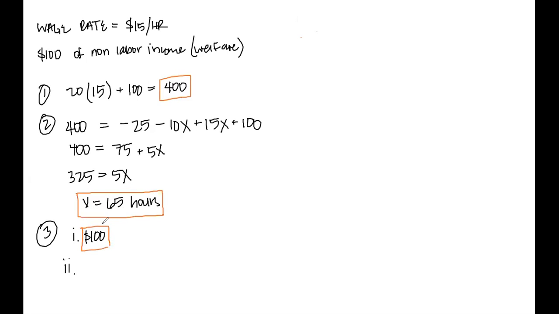And then number 2 says, what would her income be if she increased her labor supply to 40 hours a week? So she's not allowed to pay by the hour anymore.